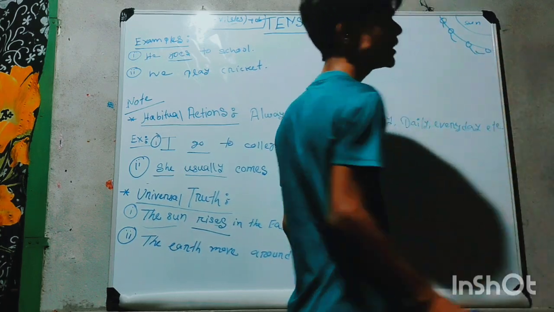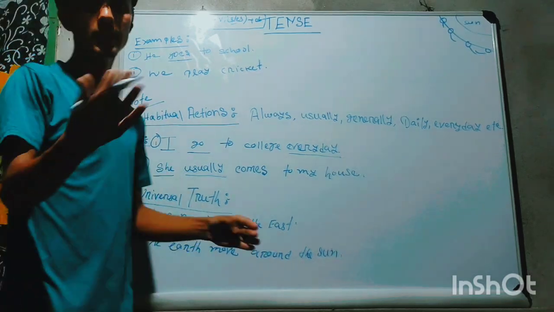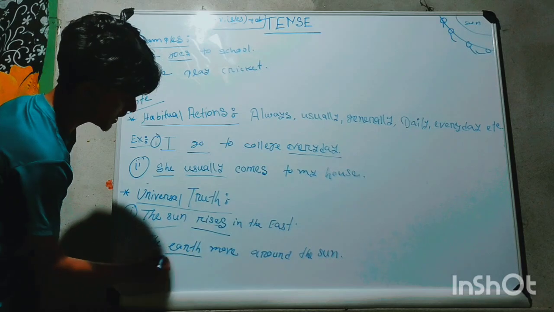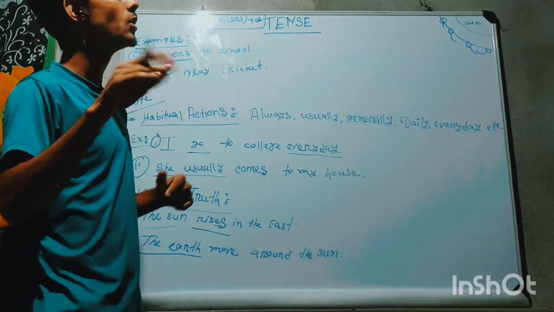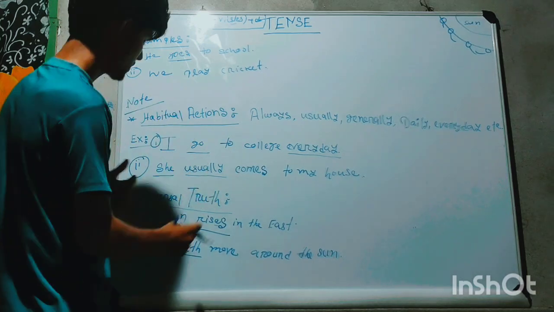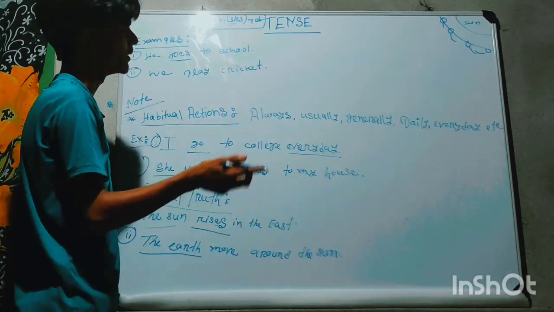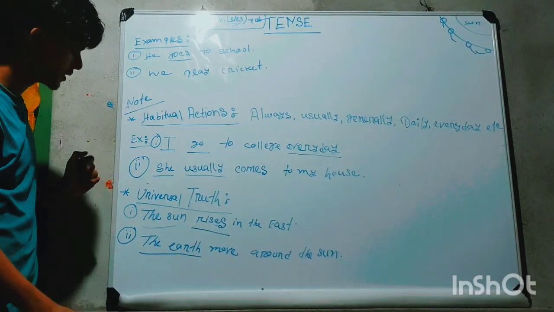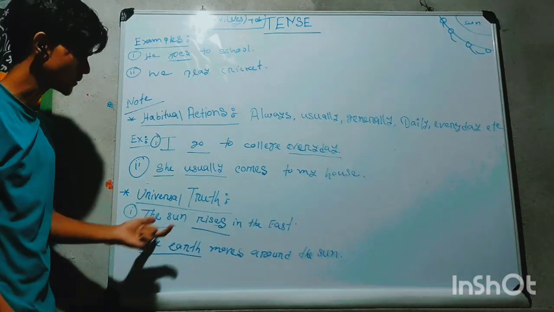This is a universal truth, so this directly falls under present indefinite tense. The subject is the earth. The earth refers to one object because we only have one earth. So it is third person singular number, and in third person singular number we use s/es. So we use s in moves. The earth moves around the sun.